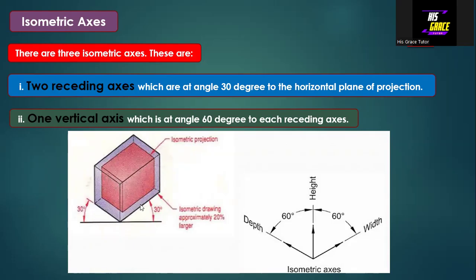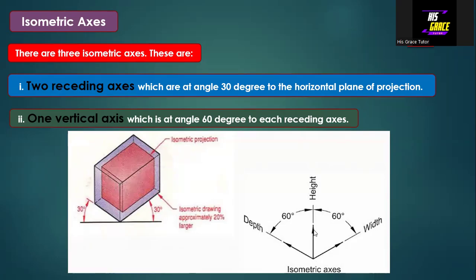Then we also have this line, another receding axis, which is also at an angle 30 degrees to the horizontal. Then this diagram is showing us the angle at which the vertical axis is. This is a vertical axis. So here we also have the three axes: the receding line to the left, the receding line to the right, and a vertical axis.